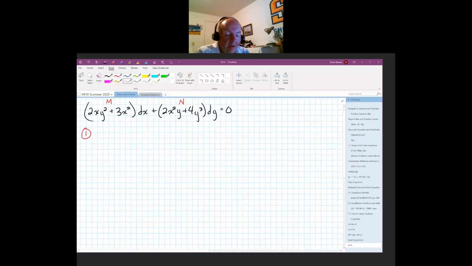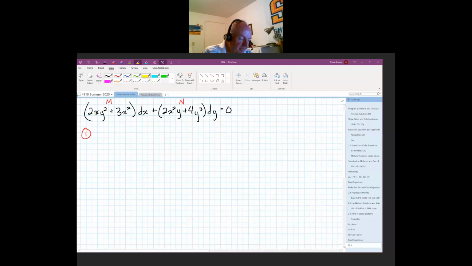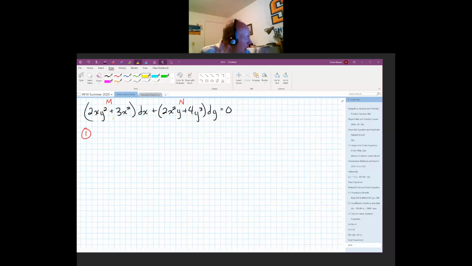Is it not homogeneous because it's not linear, or because it's second order, or because it's mixed degrees? Mixed degrees. You can have homogeneous second order differential equations.